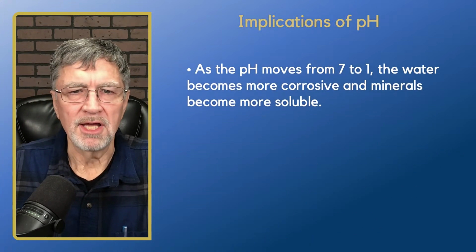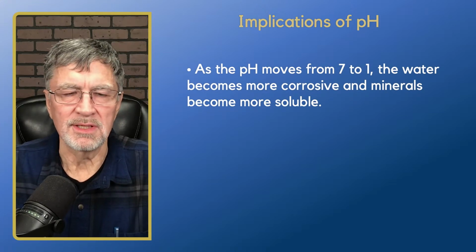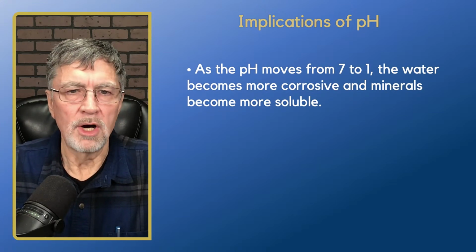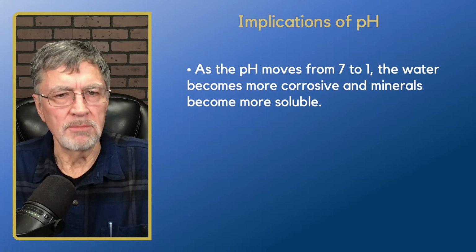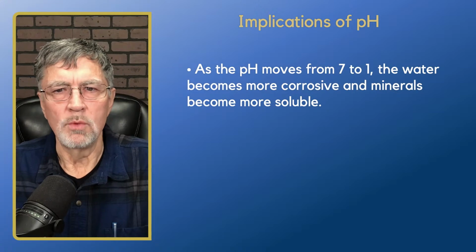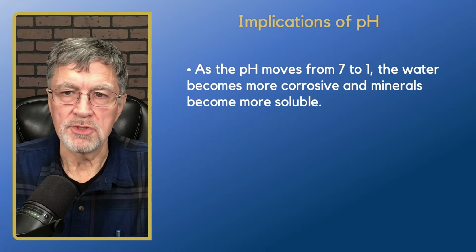All right, implications of pH. How do we start to use this in looking at our groundwater? As the pH moves from 7 to 1, shifting to more acidic, the water becomes more corrosive and minerals become more soluble.